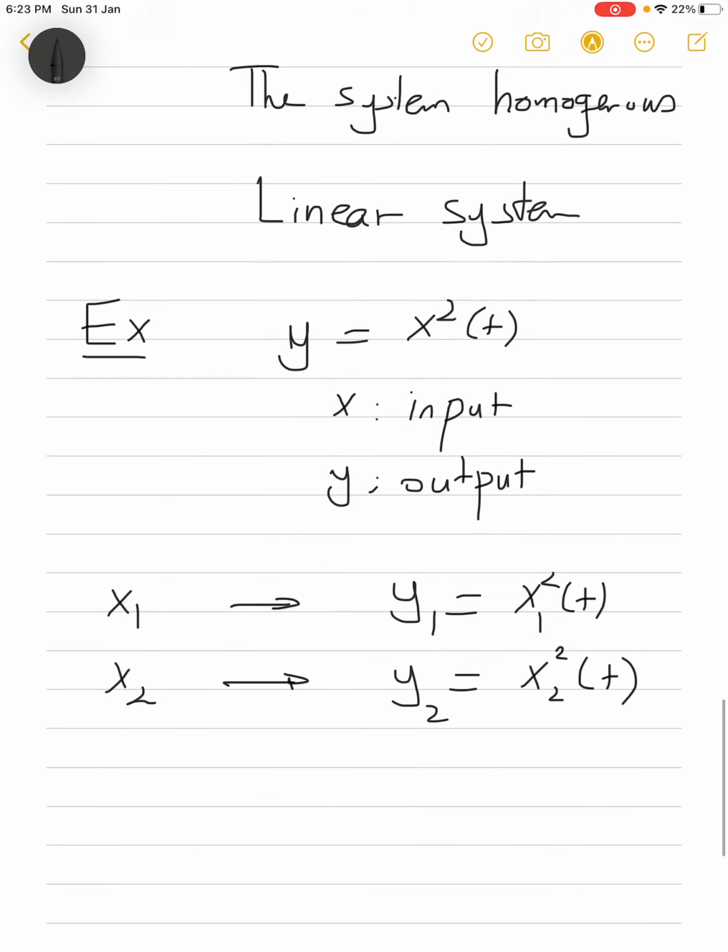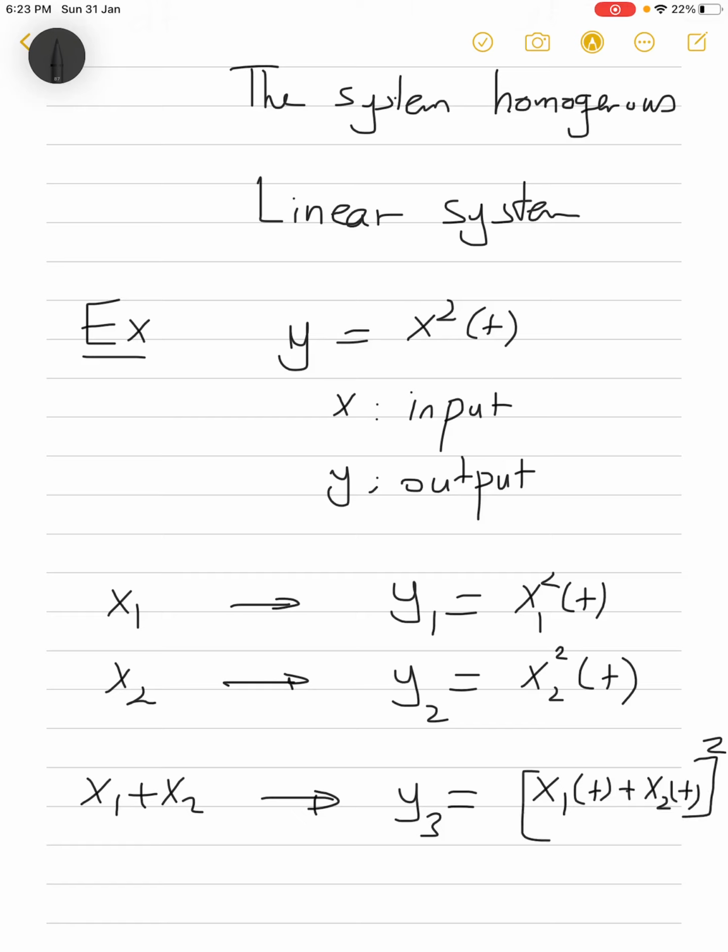If I apply the sum x1 plus x2, I get y3 equals (x1 plus x2) whole squared. And it is obvious that (x1 plus x2) squared is not equal to y1 plus y2, which is x1 squared plus x2 squared.